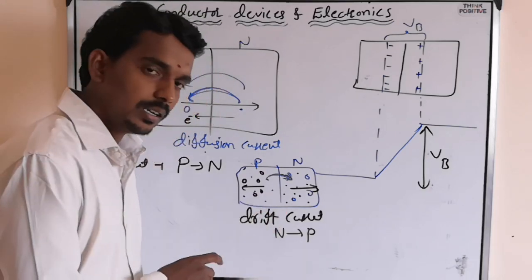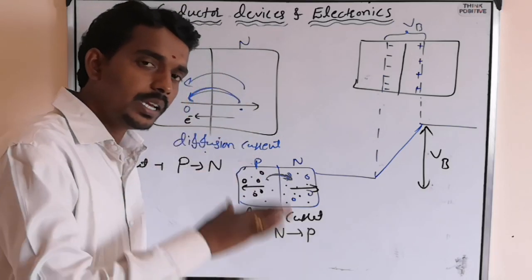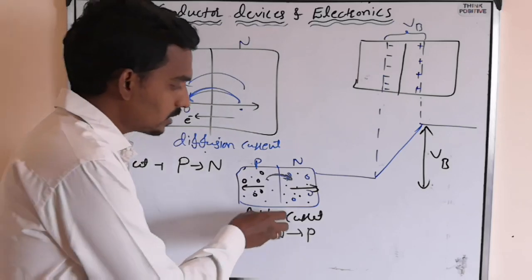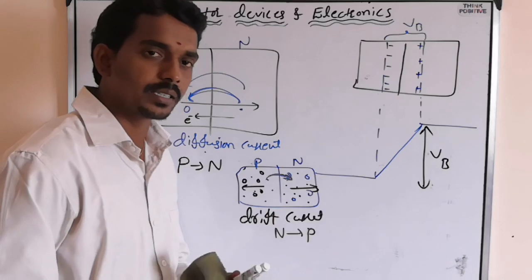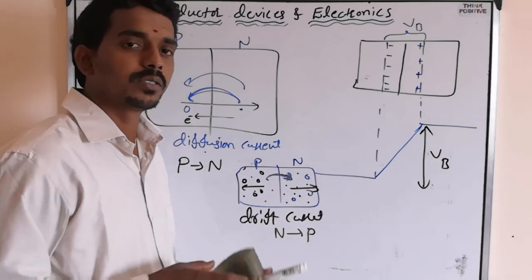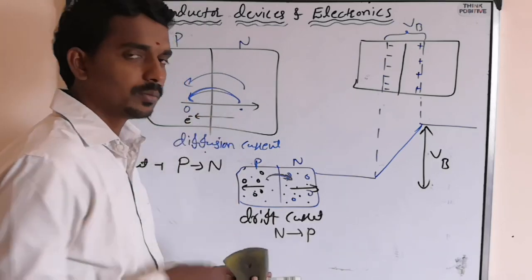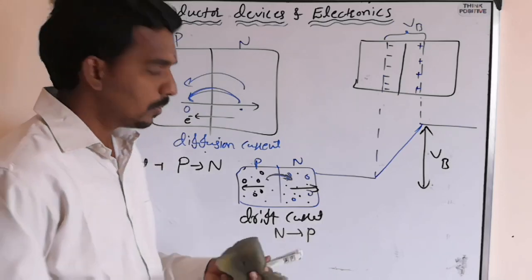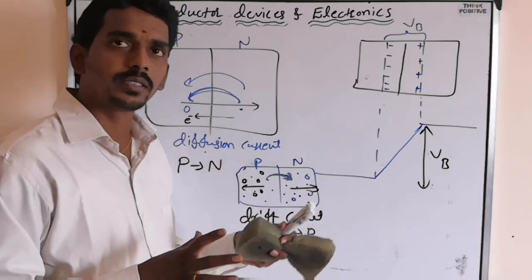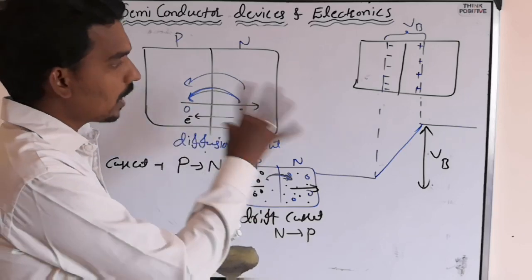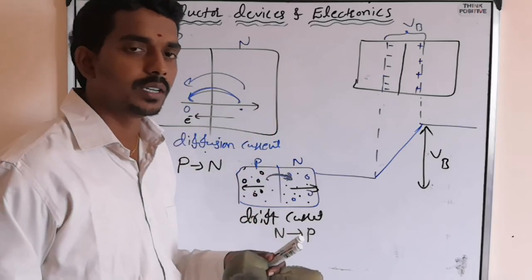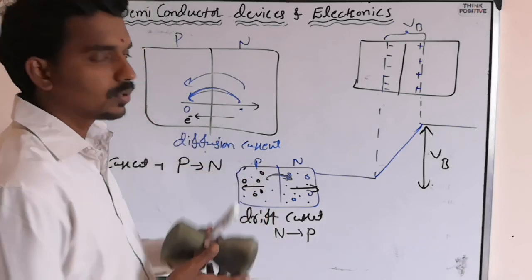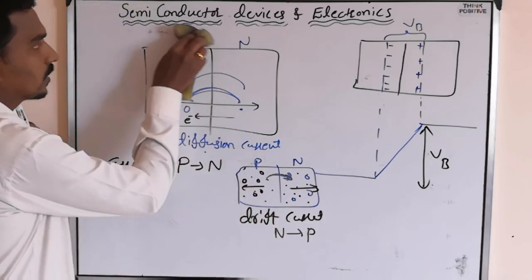So here the current is very small. In which type of connection is this possible? Reverse bias. And the other is possible in forward bias. But we need to understand the same thing by taking the mode of connection, P-type and N-type, with forward and reverse bias. So let us try to understand it that way.